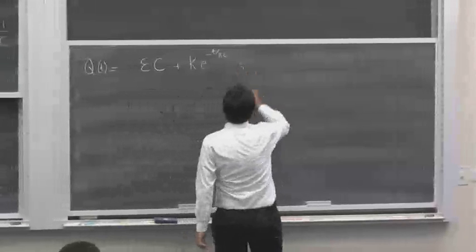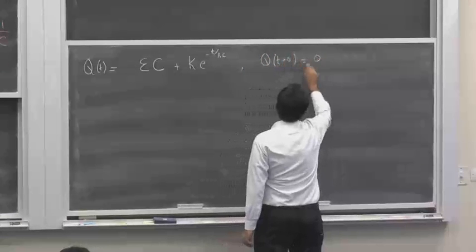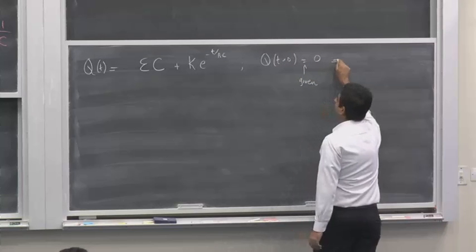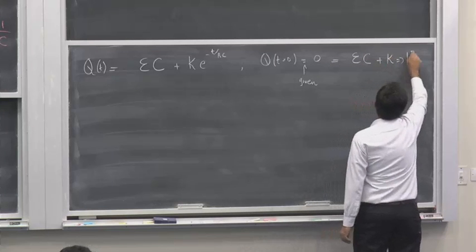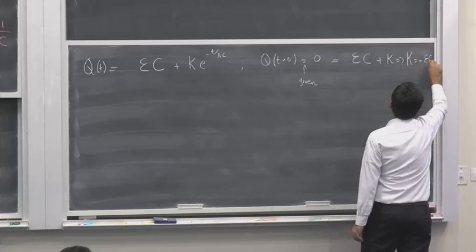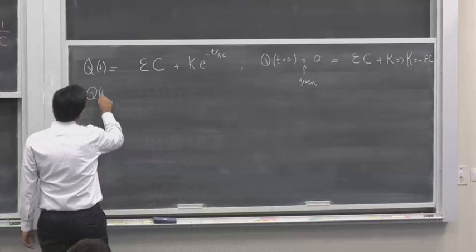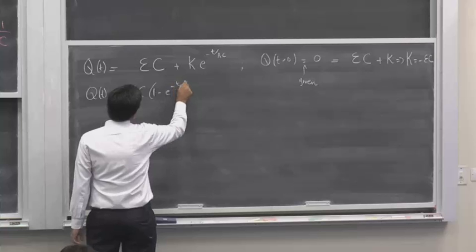That will set the initial conditions. This means 0 equals EC plus K, which implies that K really equals minus EC. This would tell us that the charge on the capacitor is EC times (1 minus e to the minus t over RC).